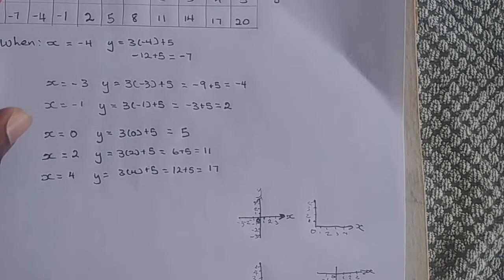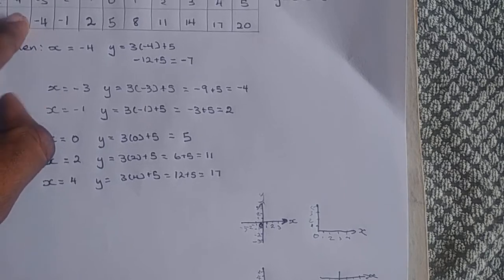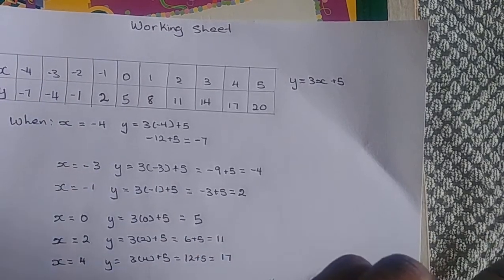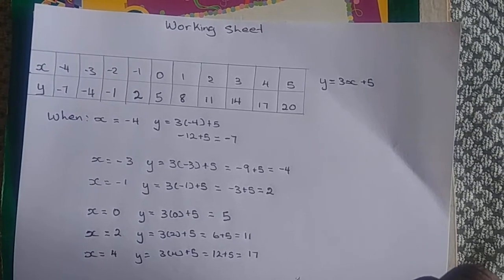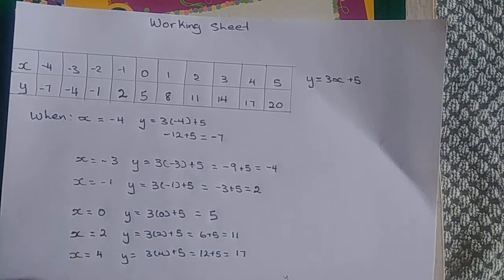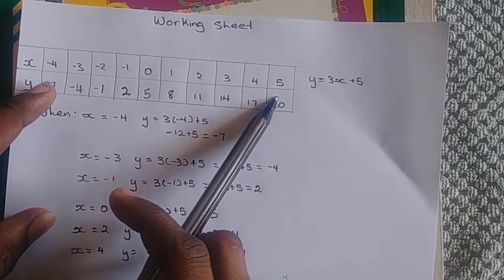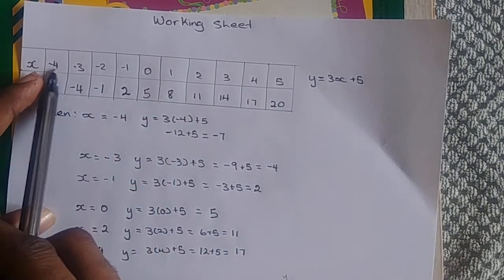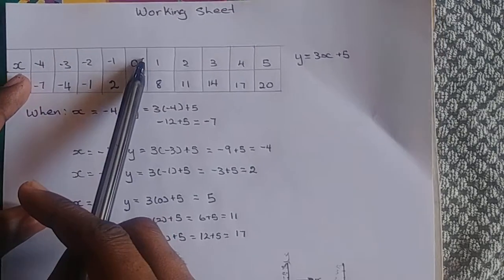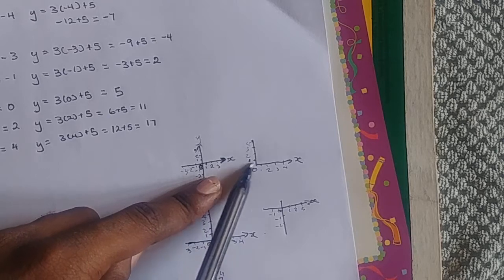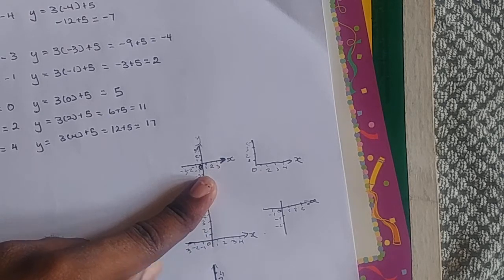So we need to look at our information and the range of values that we have. So we can see that x ranges from -4 to 5. Since x has negative values, we need to cater for them. That means that this one is a no-no, because we have no negative values to cater for on the x-axis.